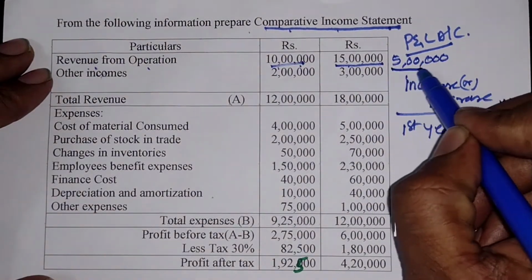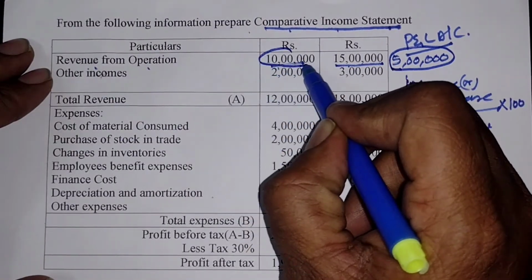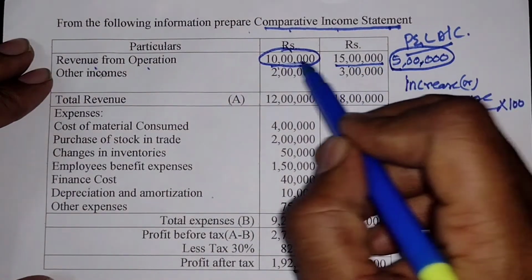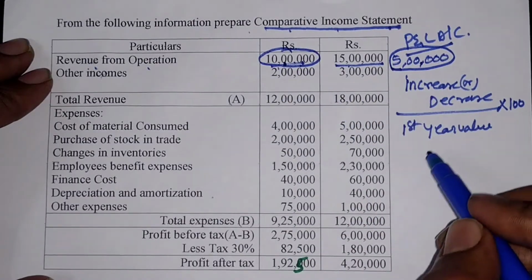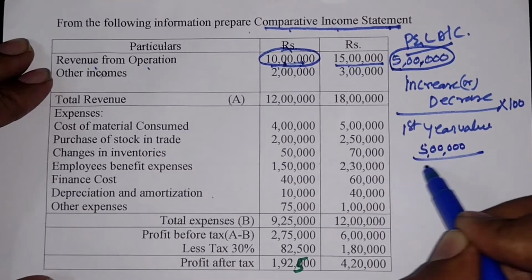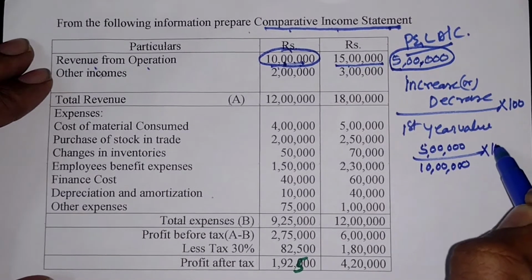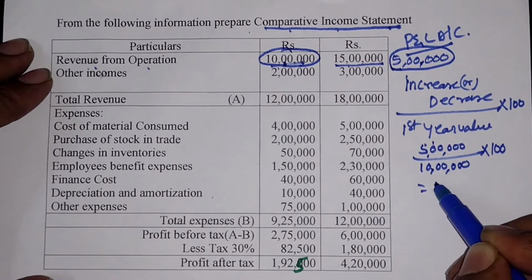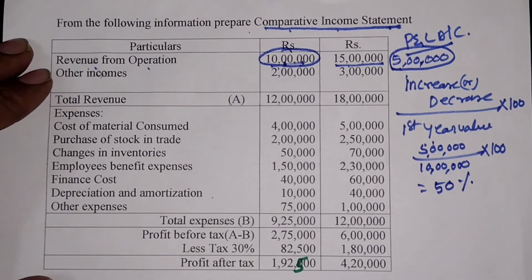So this 5 lakh has to be divided by this 10 lakhs. 5 lakhs divided by 10 lakhs to be multiplied by 100. Let me show it here. 5 lakhs divided by 10 lakhs into 100. 5 divided by 10, that is 0.5 multiplied by 100, 50%.